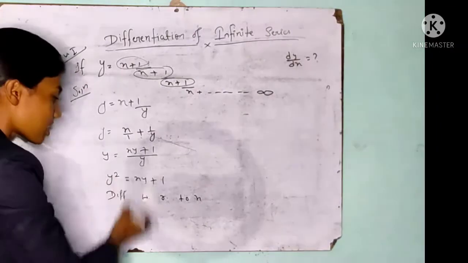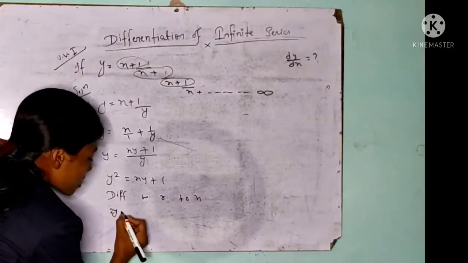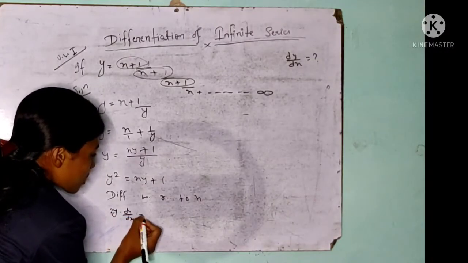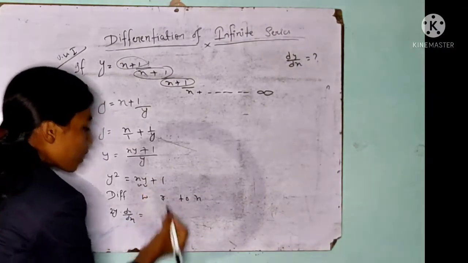If we start differentiating, the differentiation of y squared is 2y into dy by dx, equal to this, where we get u into v form.